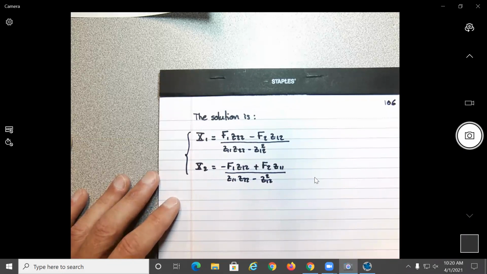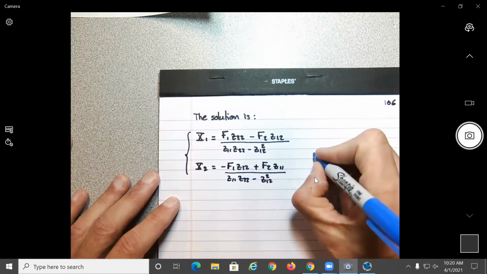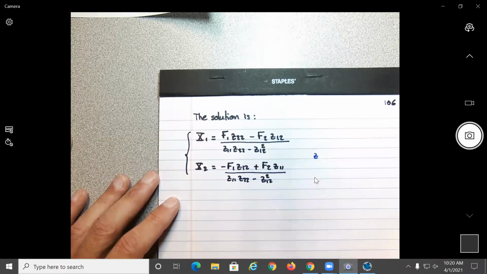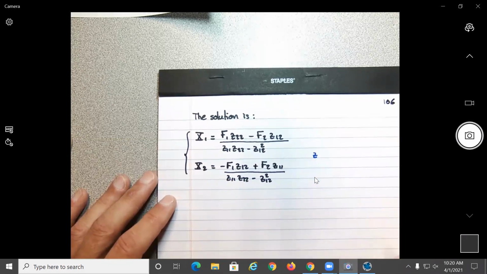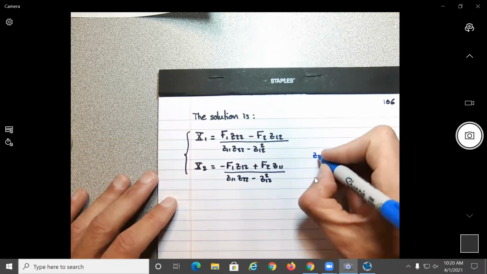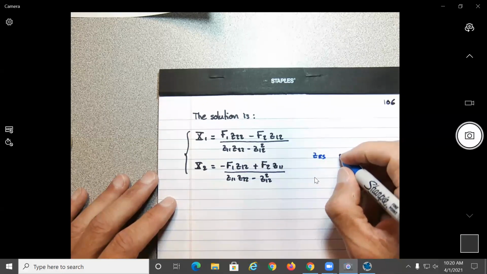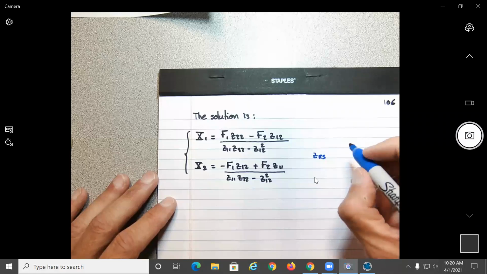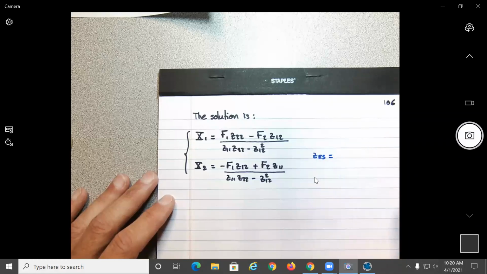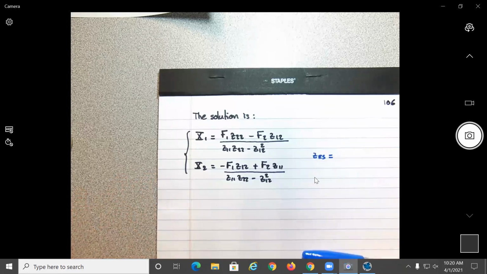Where here we have z_rs. Let's see if I can go back to the notes.